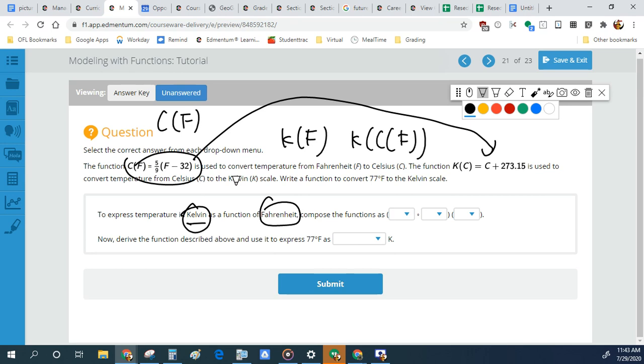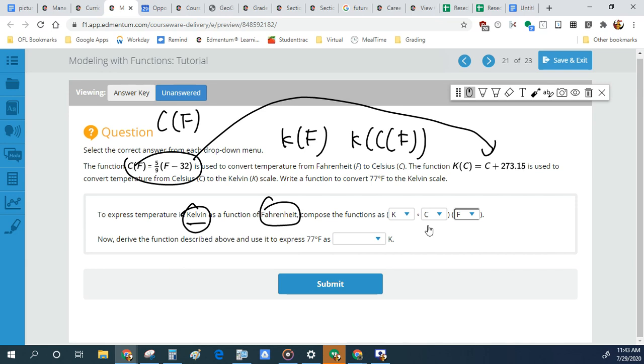Does that make sense? Okay. So our overall function is going to be Kelvin, and then we're going to combine that with our Celsius, and our input overall is going to be Fahrenheit. Does that make sense?